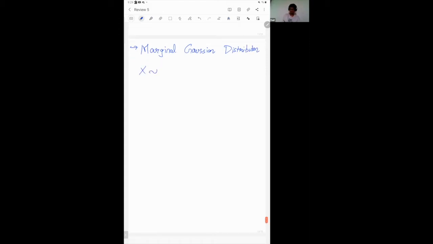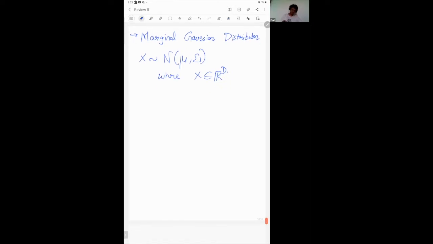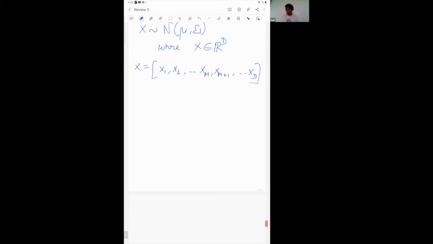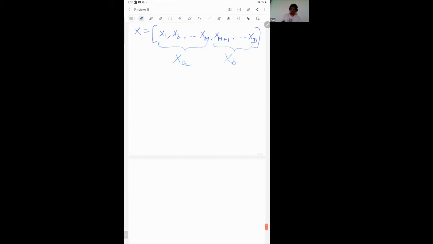Again, we have got this setting. Now what we are interested in is, let's write x as x1, x2, up to xm, xm plus 1, up to xd. I have unrolled the vector x into scalars, and now I'll call this component xa and this component xb.